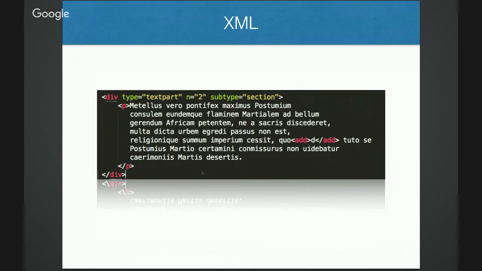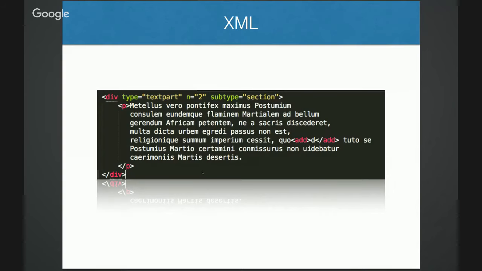I showed the XML for our Treebank data, and then there was a question about what XML is. So I will try to just say something for you to get at least a vague idea of what I was talking about.